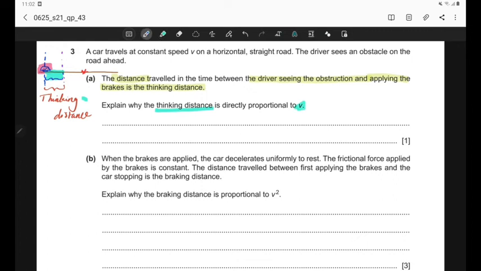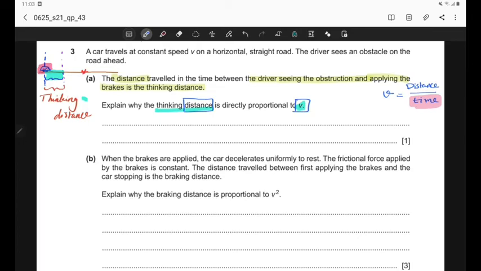speed of the car. So here we can check the relation or equation between the distance and the speed, and we know that speed is nothing but distance over time, and here the time is taken by the driver to think.